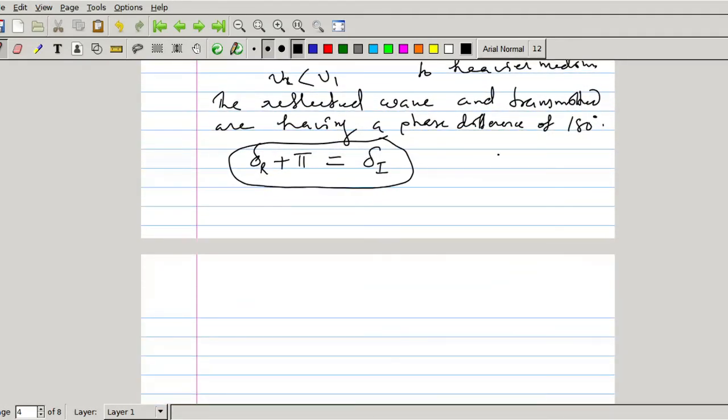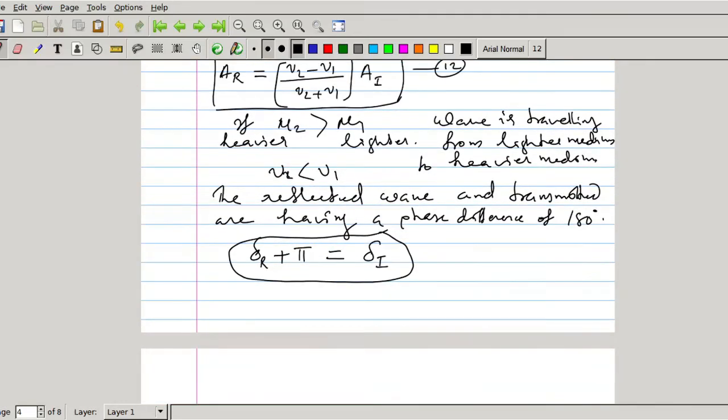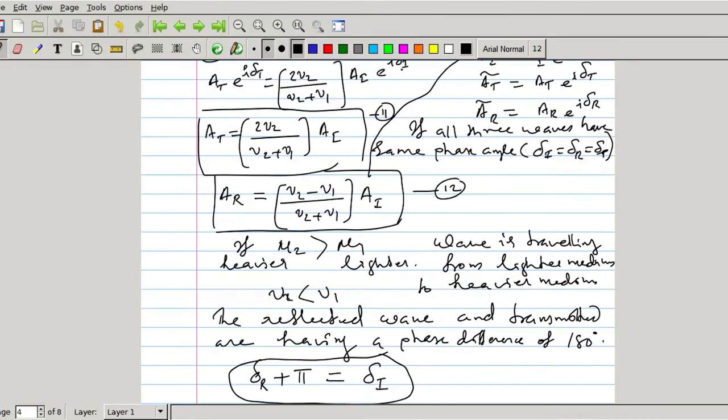That means when a wave is traveling from lighter medium to heavier medium, there will be a phase change of 180 degrees for the reflected wave with respect to the incident wave. Now what about the transmitted wave? There is no change in phase of the transmitted wave with respect to the incident wave.